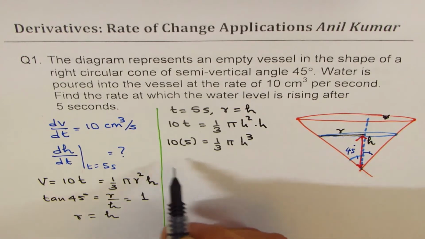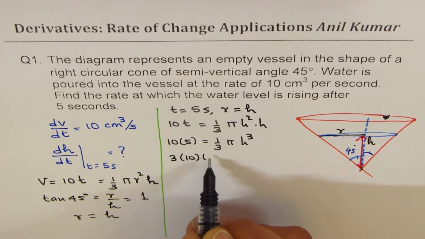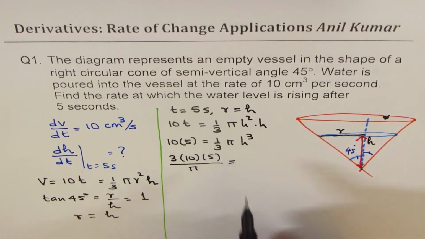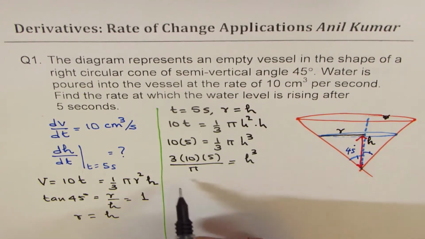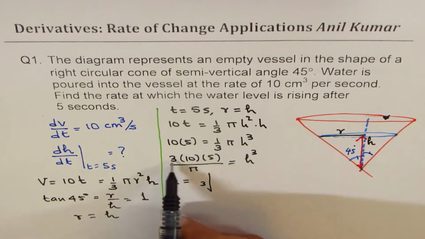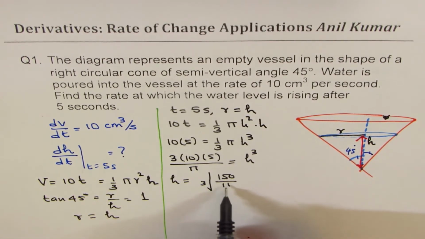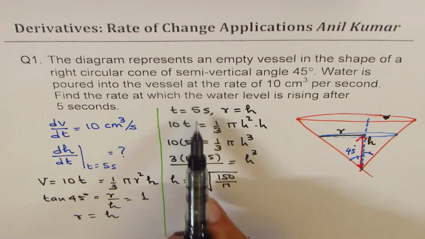From here, 3 times 10 times 5 divided by pi equals h cubed. So height h is the cube root of 150 over pi. That is the height at t equals 5.